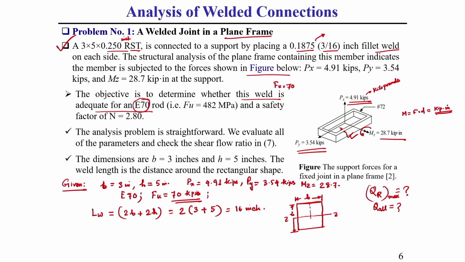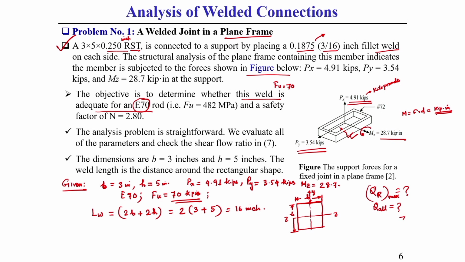So, you see, this is our y axis. I am writing here, this is the y axis. Now what are the things we need to find out? Because to find out the shear flow due to this bending moment Mz, what is required?